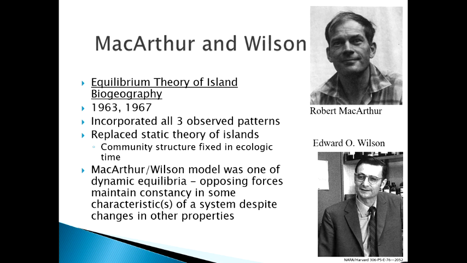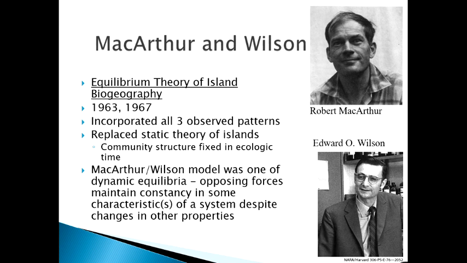Now, MacArthur and Wilson took these two or three patterns and cooked them all together and created their equilibrium theory of island biogeography. So this changed the way we looked at islands, in that they said that islands are unique.